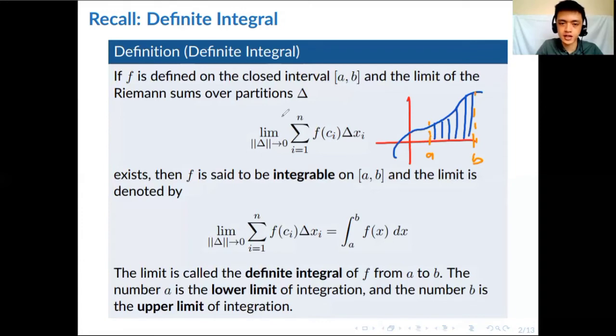And yung ginagawa lang ng limit ay ginagawa niyo yung width ng partitions na yun to be as small as possible para naman accurate siya, di ba? If you can recall from your slide siguro, yun yung gusto niya sabihin. You want these to be as small as possible, and then your Riemann sum na to, ina-add lang niya. Kasi yung f of c sub I, or I'm not sure kung f of x sub I ba siya.